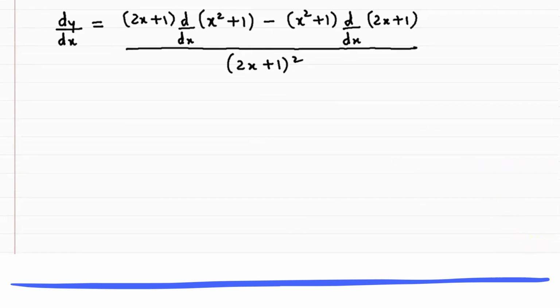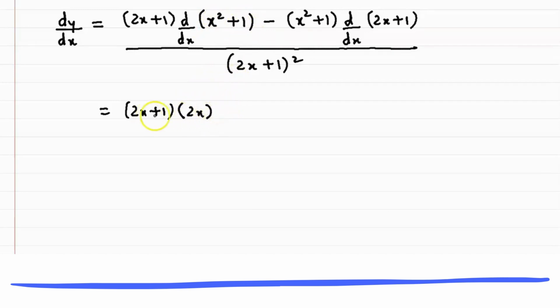Now simplifying further, we have, now this bracket remains the same, that is (2x plus 1) into, now here we apply the addition rule, derivative of x square is 2x and derivative of 1 is 0.